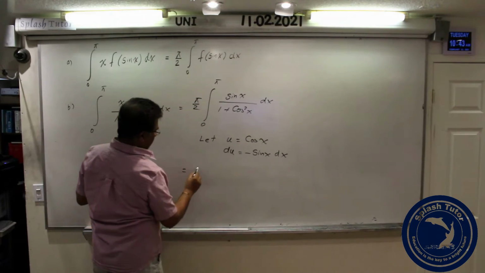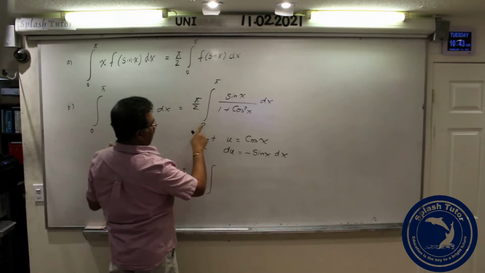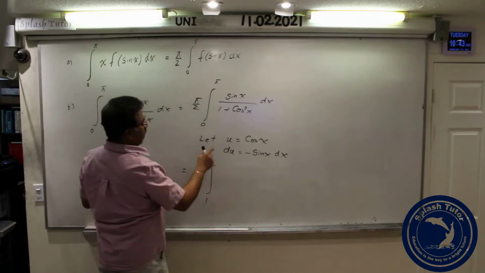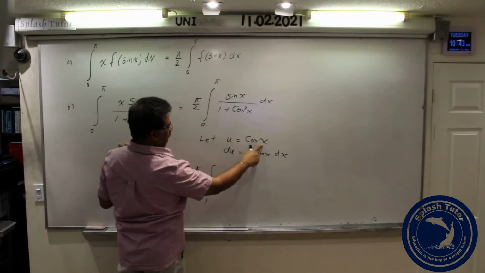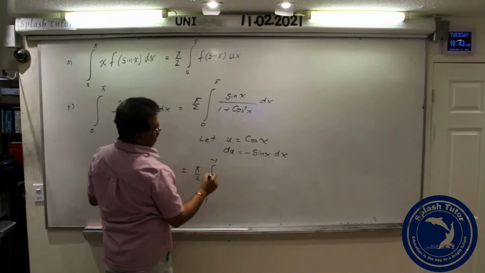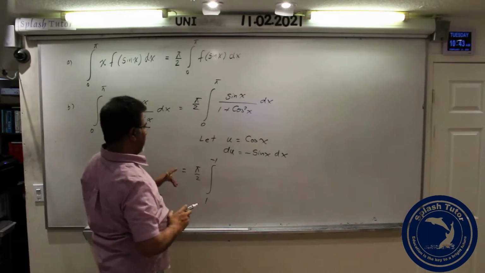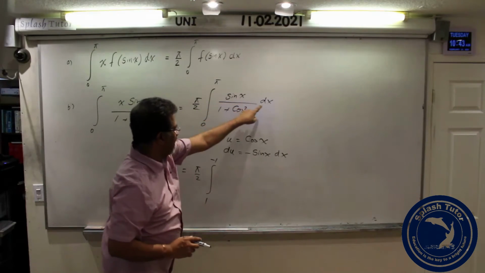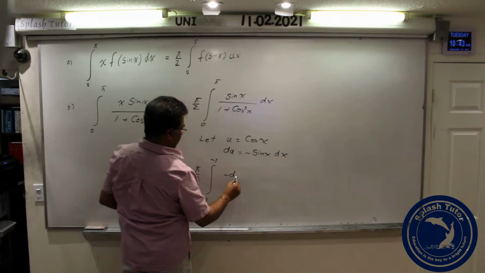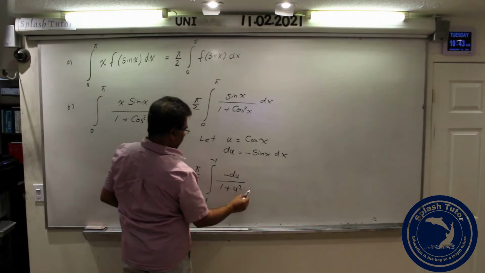That is pi by 2 times the integral of, so let's put x equal to 0: cosine 0 is 1, so u is equal to 1. If I put pi here, cosine pi is minus 1, right? Cosine pi is minus 1, yes. Then sine x dx is minus du over 1 plus u squared, right?